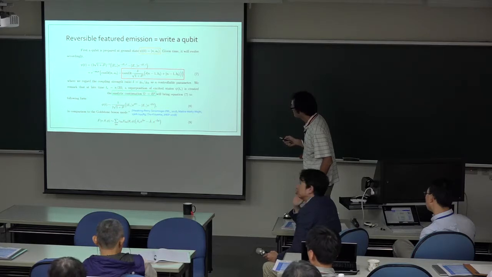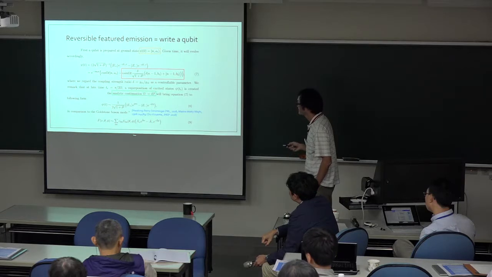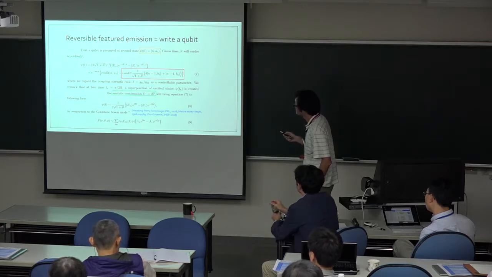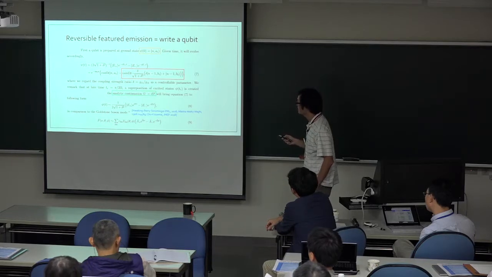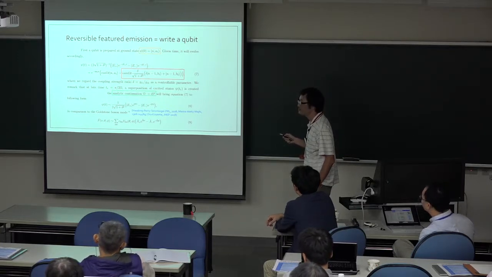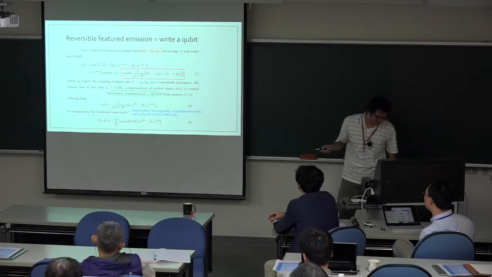If it has angle dependence, then it will look like what we have for this Goldstone boson. So this is one observation. This is a simple way to write a qubit. It means that if I want to write a qubit with a superposition of some steady states in the black hole, I just need to tune, I just need to input what I want for this coupling. Then I can write this ratio into the amplitude, and this amplitude gives me the information. That's just a simple observation.